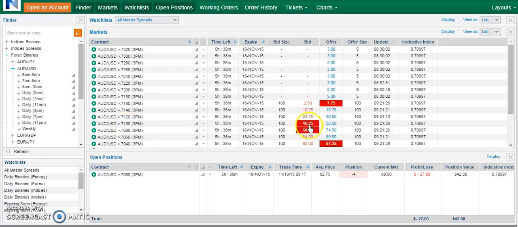And you can see that they're both around $50 because each contract settles at $100 regardless of what you pay for it. So right now, this is pretty much at the money, at 71,000.